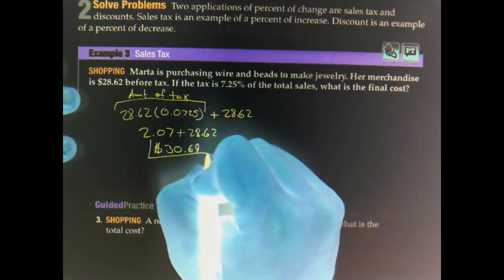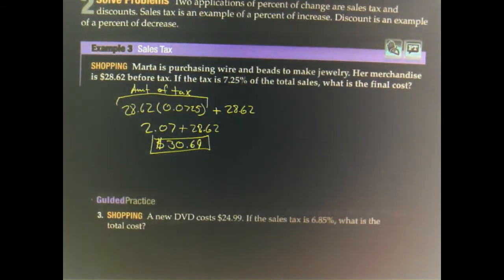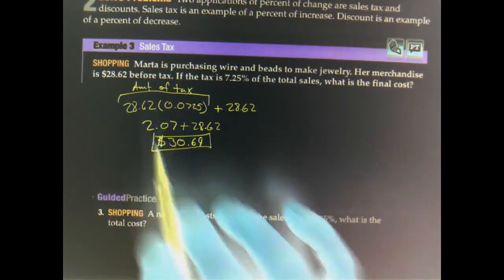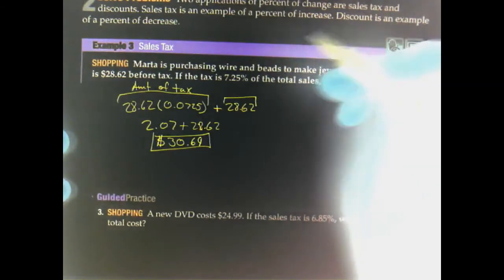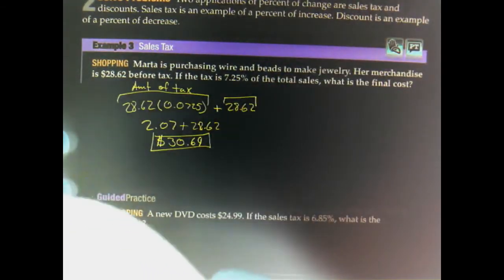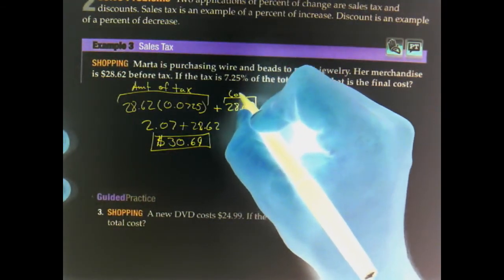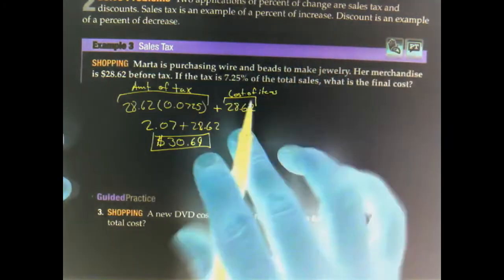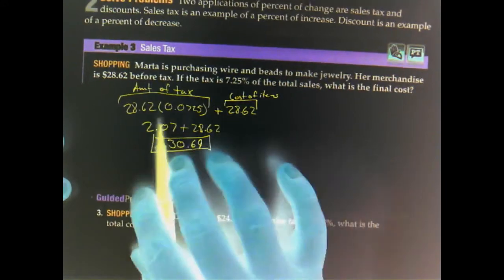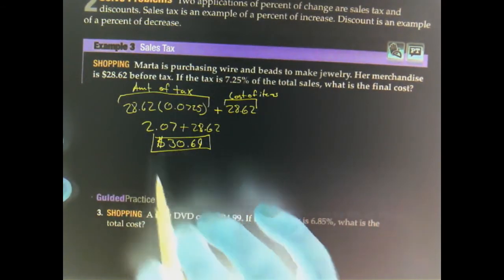Now, this way makes the most sense to me. Here is the tax, here is the total before tax, or the total cost beforehand, or just the cost, really, cost of items, maybe I'll say. So you have your cost of items, then you have to pay the tax on that. You add those together to get your total cost.